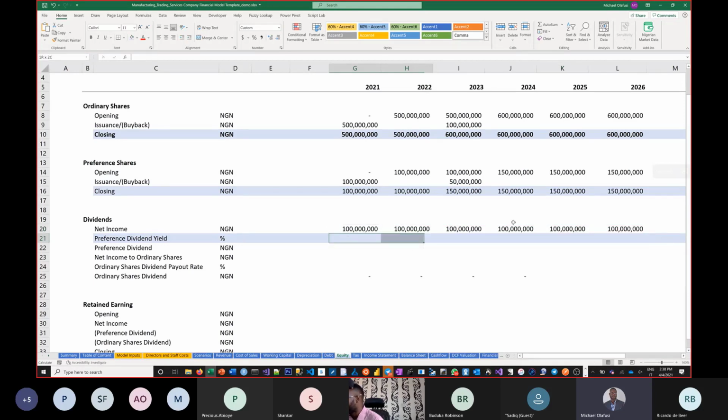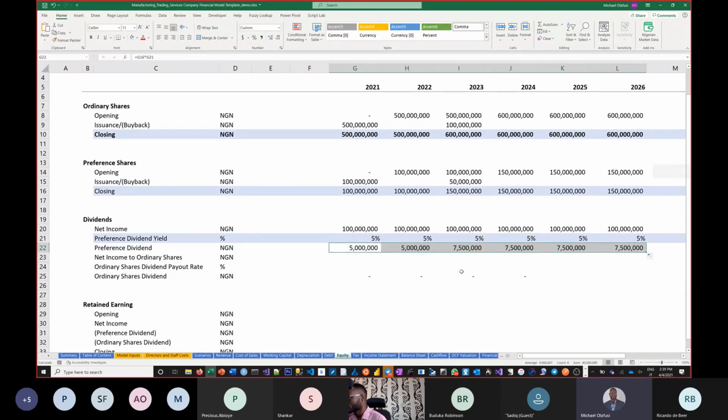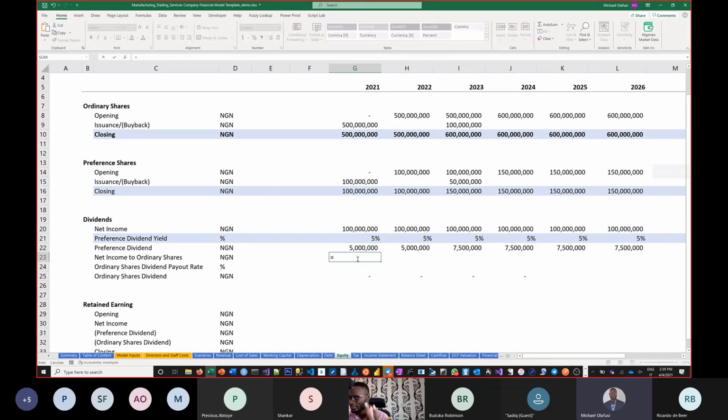Now, if the company has committed to paying the preference shareholders a 5% dividend yield, that means the preference dividend is always equal to the money the preference shareholders have invested times whatever dividend yield has been agreed upfront. That is something you have to pay them for certain. So we pay them that, they take their own cut. Then from there, we will have what is left for the ordinary shareholders to share from, to take from.